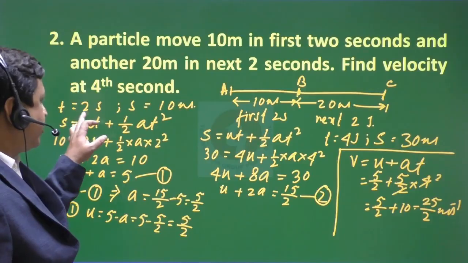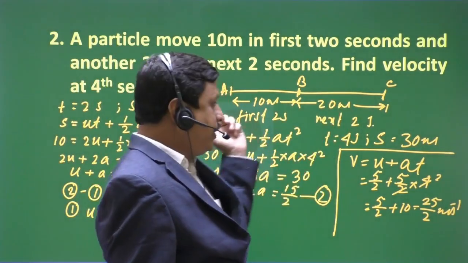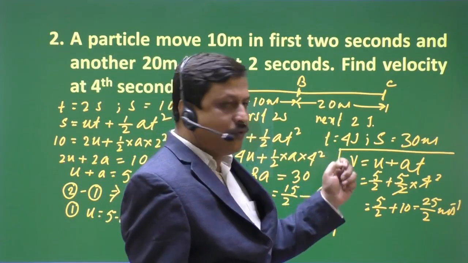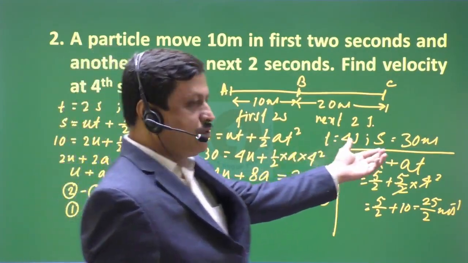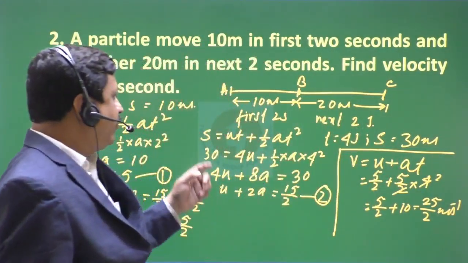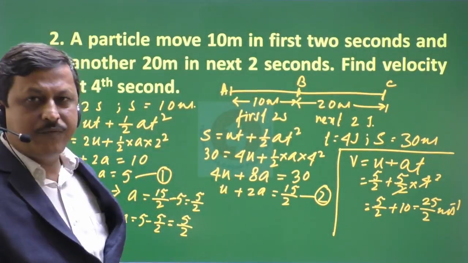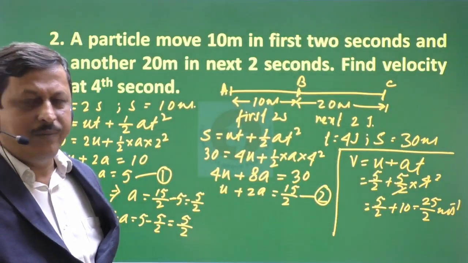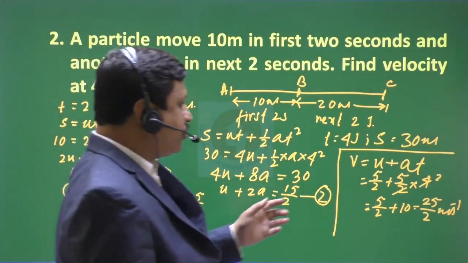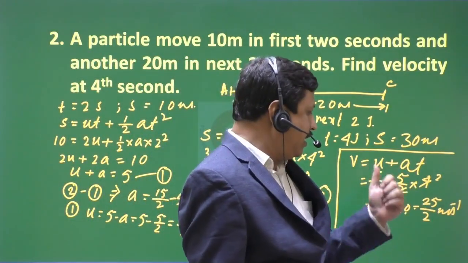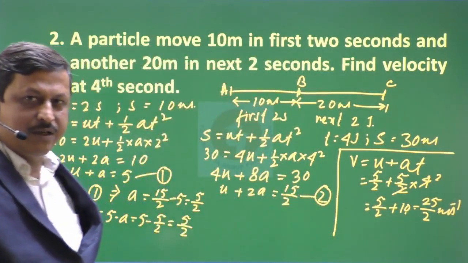That means if t equals 2 seconds, displacement is 10 meter, and in the second case from the beginning, t equals 4 seconds in total, and displacement is 30 meter. So you have to take these values, because the initial velocity at A and at B is different. So you have to take from the beginning in both cases. So u equals 5 by 2, a equals 5 by 2. If you put this value in this equation, then the final velocity at 4 seconds is 25 by 2 meter per second.